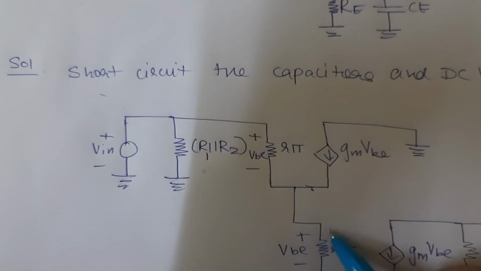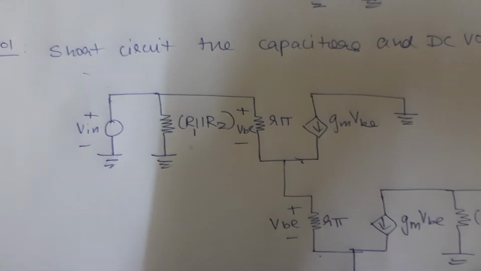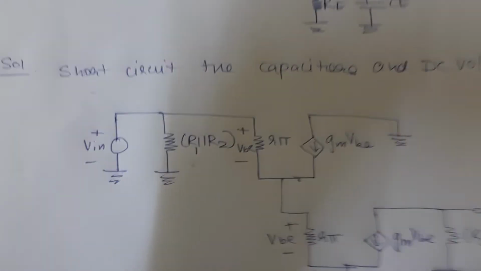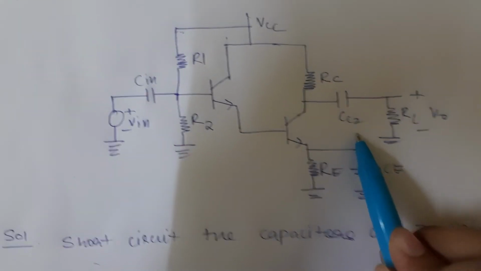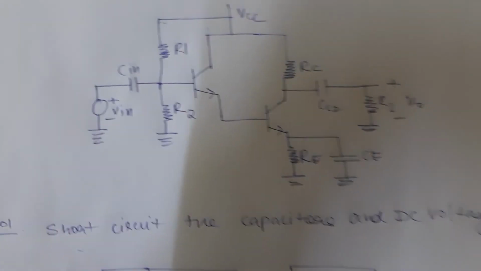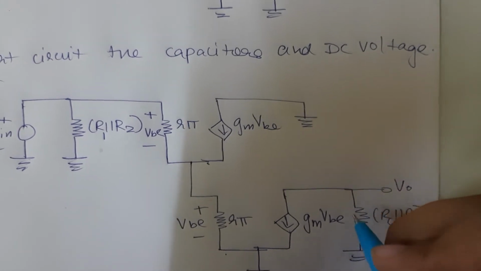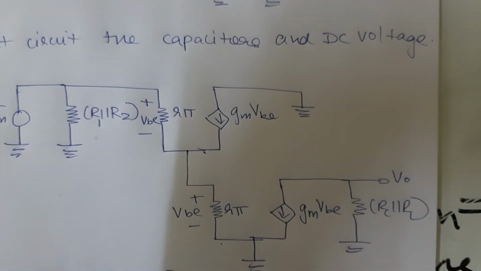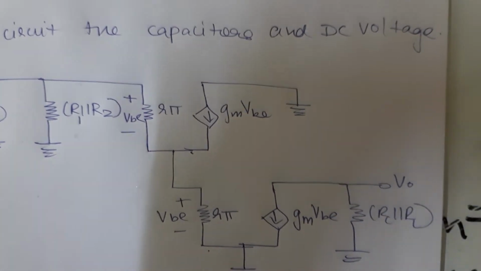So this will directly be connected to R pi of the second transistor, and Gm into VBE will be in the collector side along with RC parallel RL, and these two capacitors will be short, so there is no RE. Rest all will be grounded, and we have to take the output here V0.